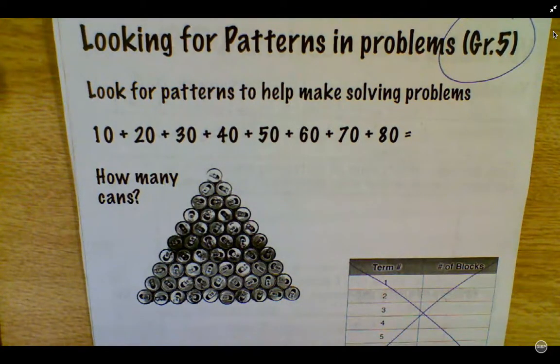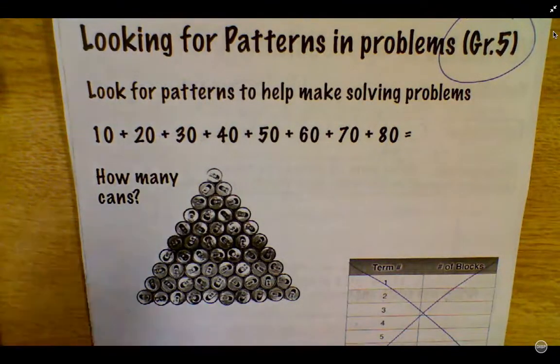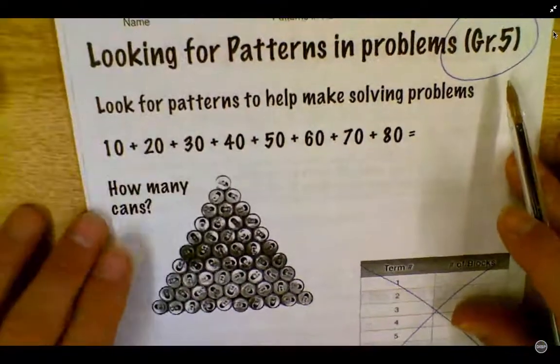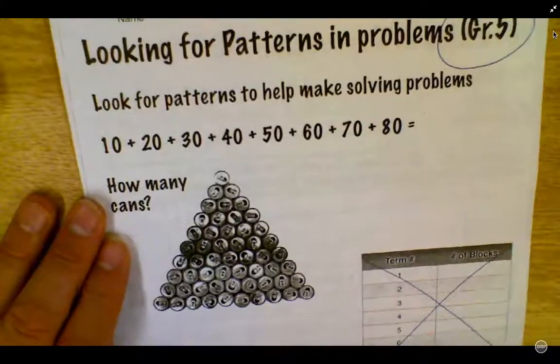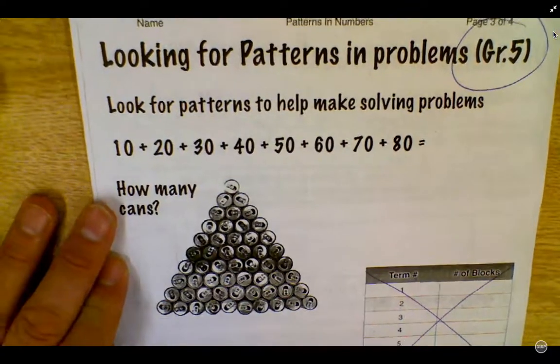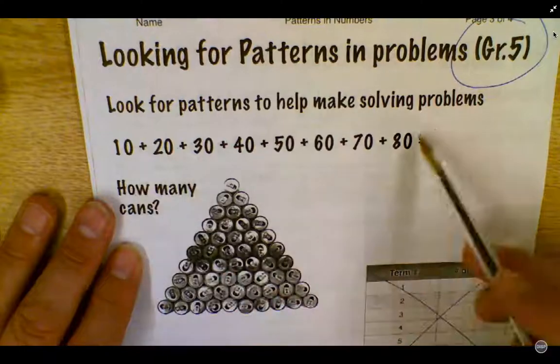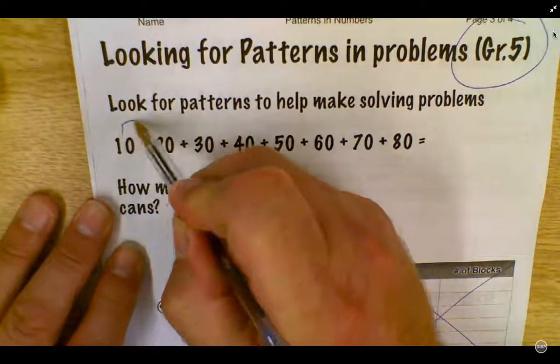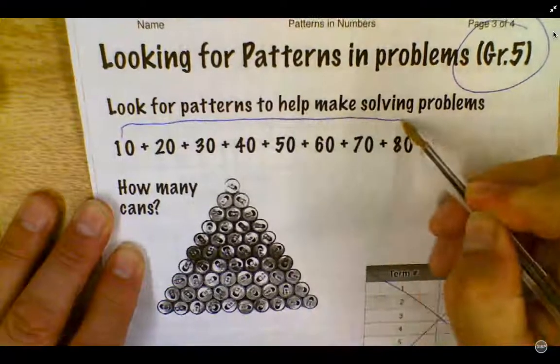And here's a question. Let's say you had to add up all these numbers. You could go through and do 8 additions as you go along, but there's a way to look for patterns. We did this 4 or 5 times, so I'm hoping this is second nature to the students by now. If it's not, we'll have some reteaching to do. One way to solve this is to take the smallest number and pair it off with the largest number.